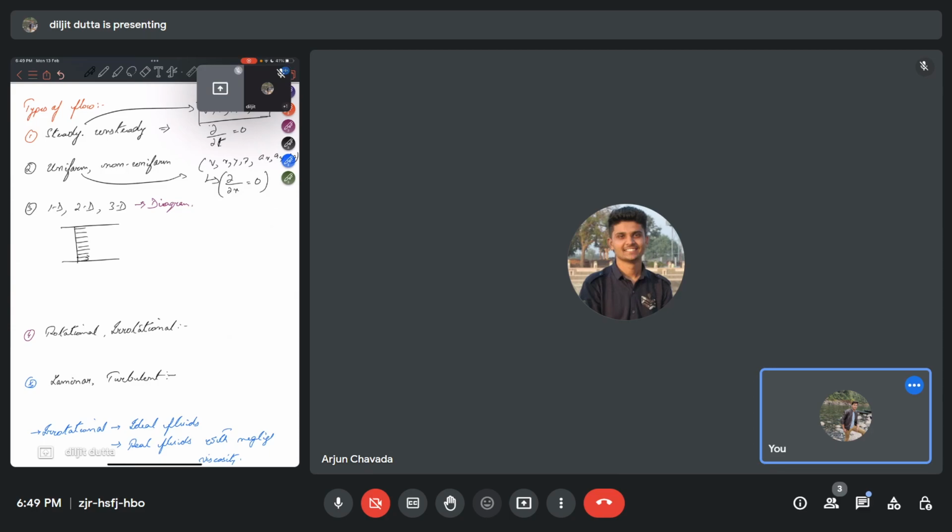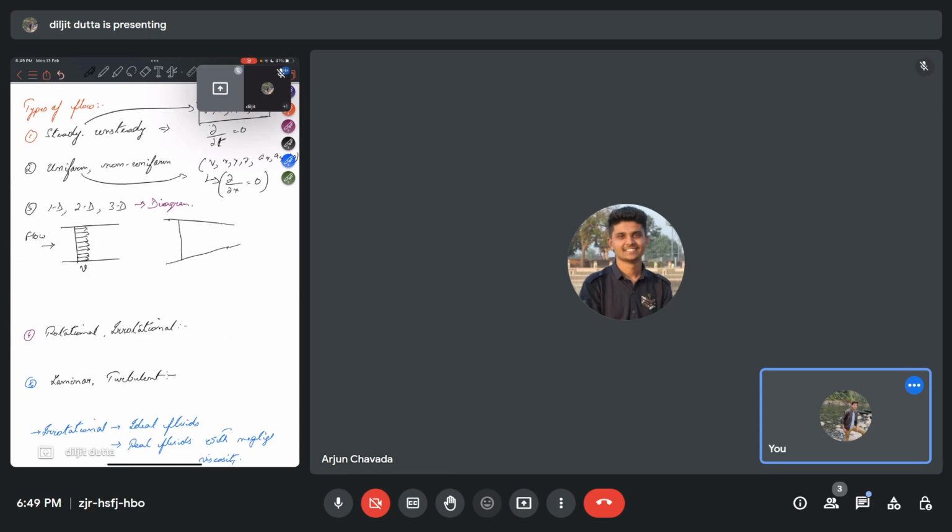So fluid is flowing in this direction, velocity profile will be only varying in x direction, it won't be varying in y. So if it is two-dimensional flow, let's consider like this.